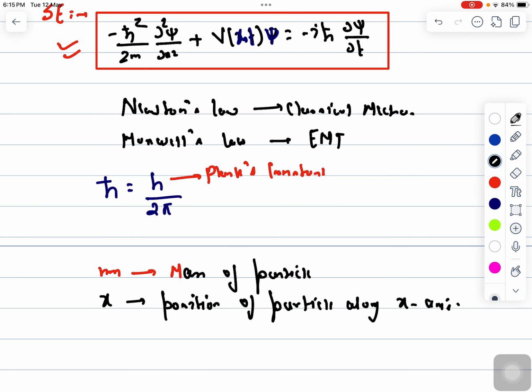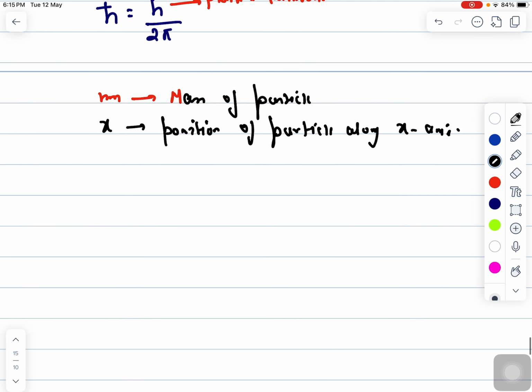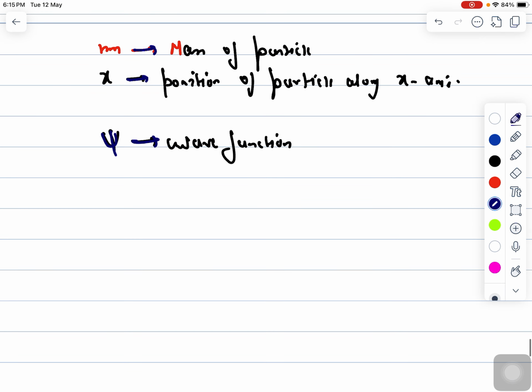Then the most important quantity in this equation is the wave function, that is represented by psi. Psi is called your wave function, and I have already discussed all the concepts related to the wave function in my previous lecture. So if you have not watched that lecture, go and watch it and you will understand the phenomena related to the wave function.